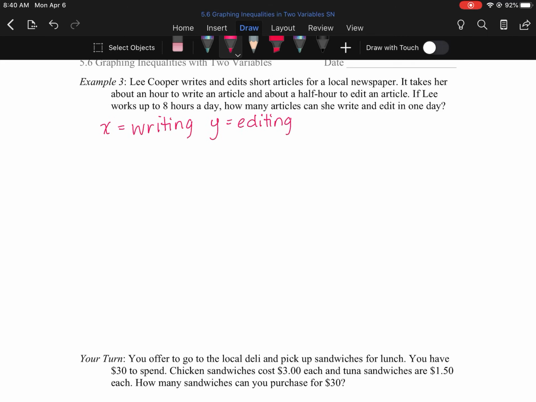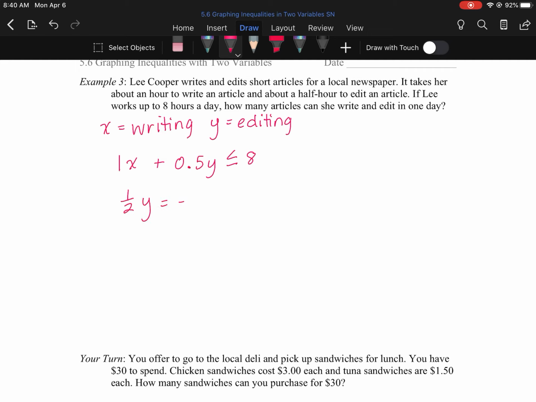So it says it takes 1 hour to write an article, so 1x to write, plus half an hour, so I'm going to do 0.5y, but she works up to 8 hours, so meaning she will not work any more than 8. She can work exactly 8, but no more, so that's going to be less than or equal to 8. So there's our equation.